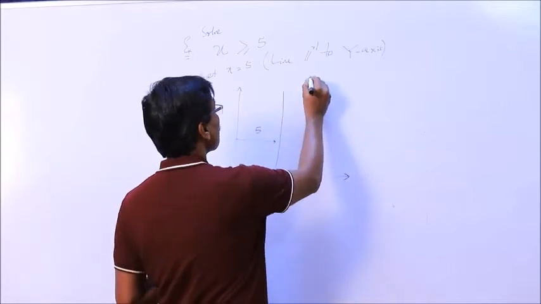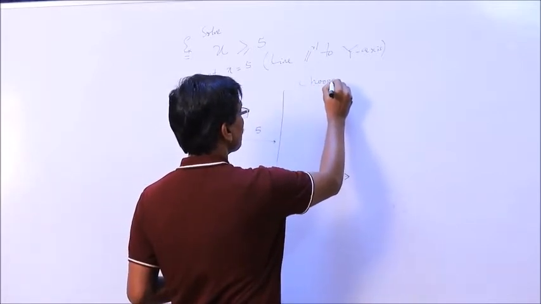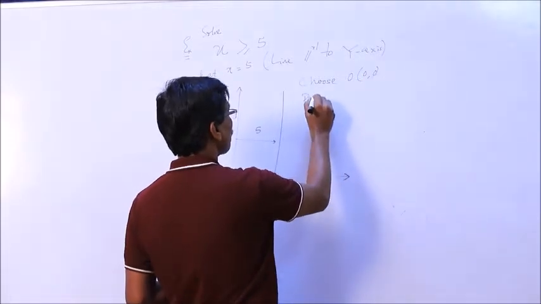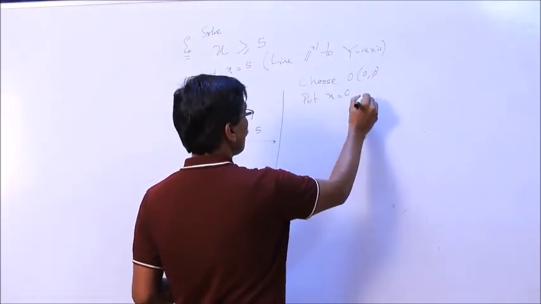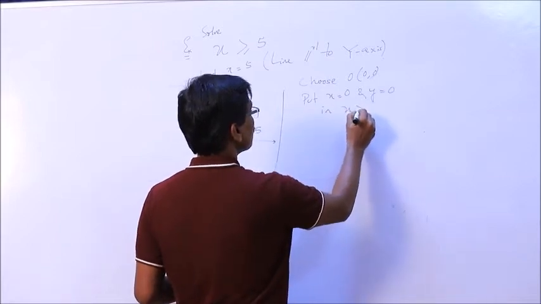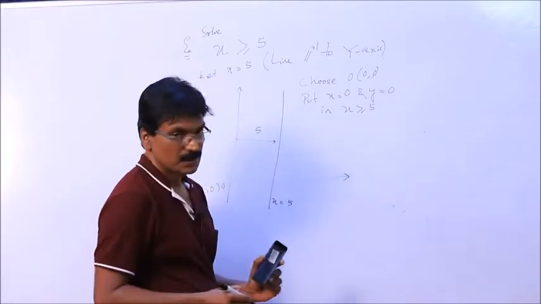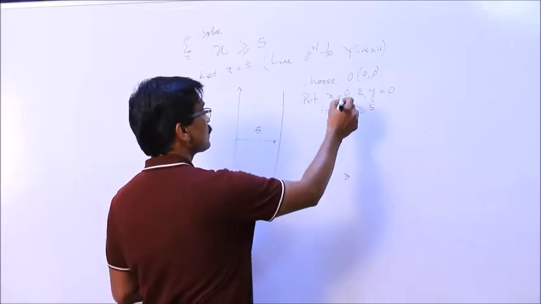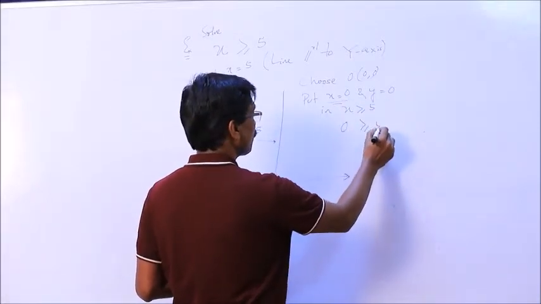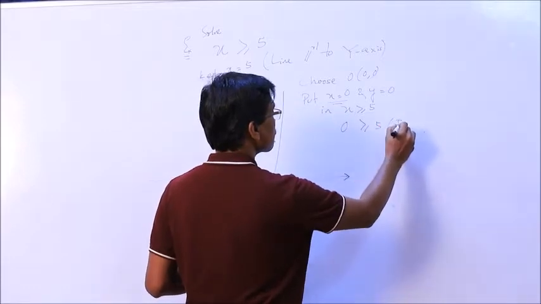So, if we choose the origin (0, 0) and put x equal to 0 and y equal to 0 in x greater than or equal to 5, obviously there is no y term, only x, that is 0 greater than or equal to 5, which is false.